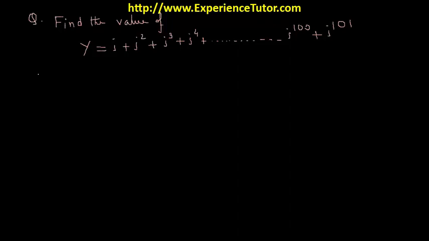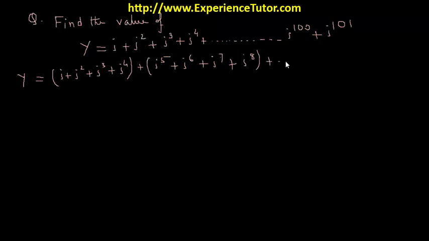So we can write the same sum as y is equal to bracket i plus i square plus i cube plus i to the power 4 bracket close plus i to the power 5 plus i to the power 6 plus i to the power 7 plus i to the power 8 plus dot dot dot.